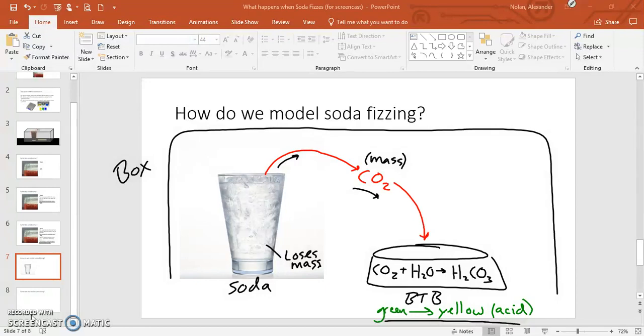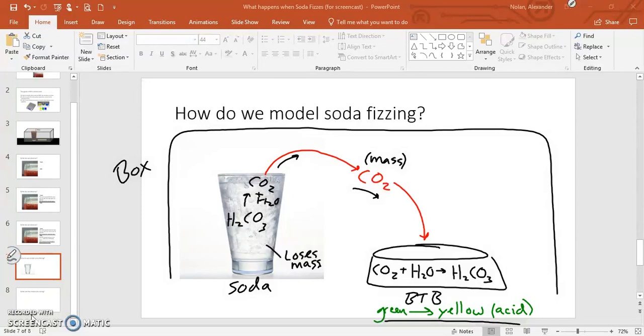But now in the soda, we have a different situation going on. We're actually starting with H2CO3, and this is actually breaking up into CO2 plus H2O. This is actually doing the opposite of this reaction over here to the right. So if we think about these reactions, this makes sense.